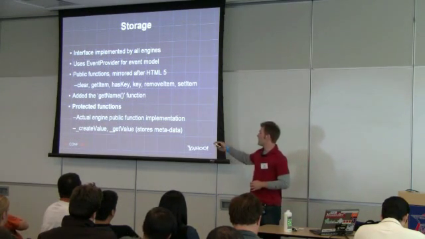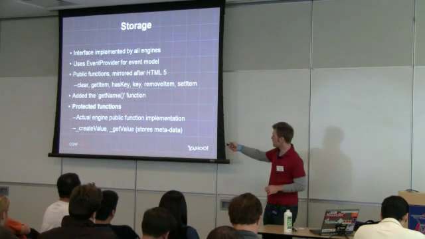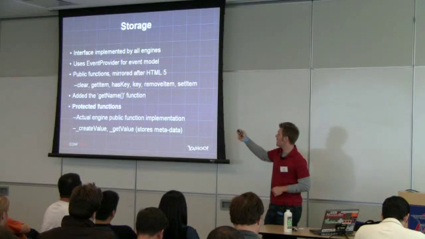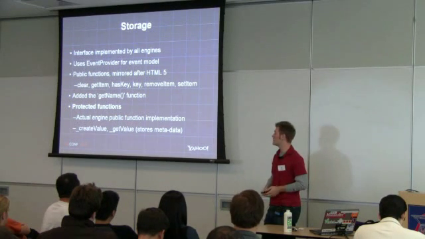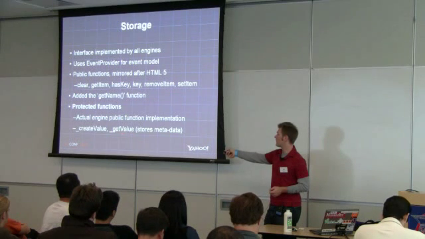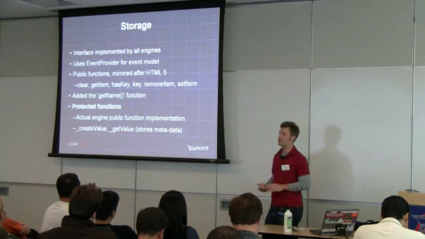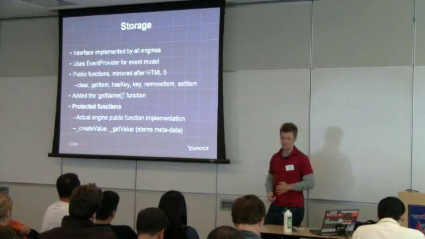So before delegating to the protected implementation functions, setItem is going to call createValue, which is going to add some meta information about the type of object that was passed to it. And before getItem returns, it's going to call getValue on the value that the engine returned and convert it to whatever type was originally provided.